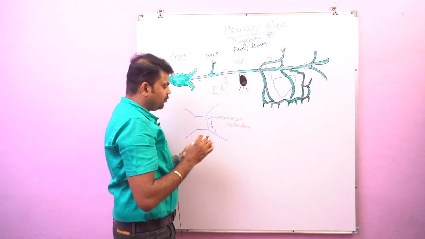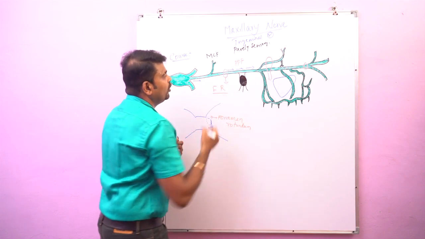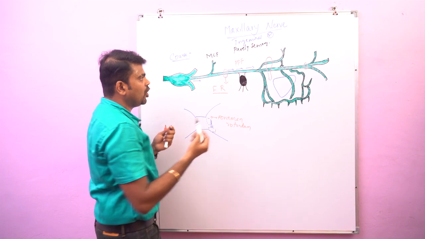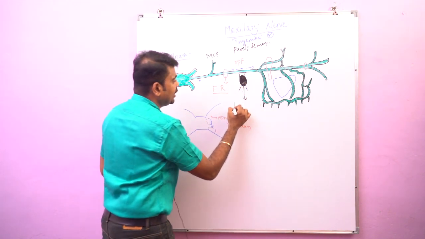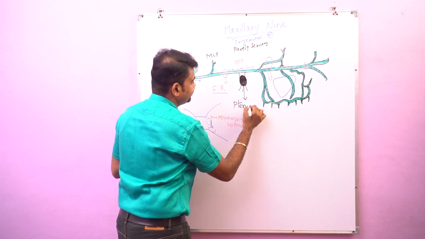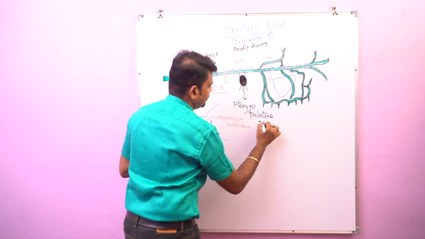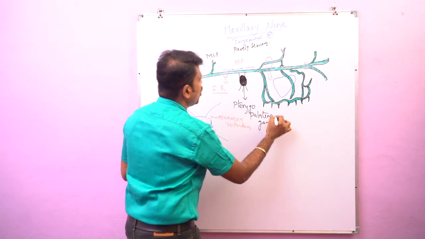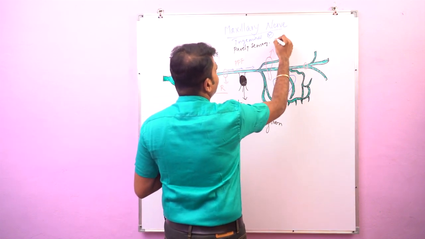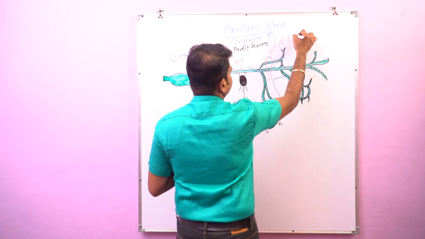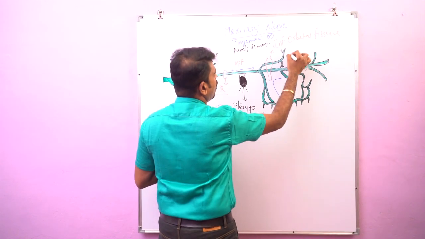In the pterygopalatine fossa, it undergoes a straight course and suspends one important ganglion, that is the largest peripheral parasympathetic ganglion, the pterygopalatine ganglion. It leaves the pterygopalatine fossa by passing through the inferior orbital fissure and reaches the orbit.